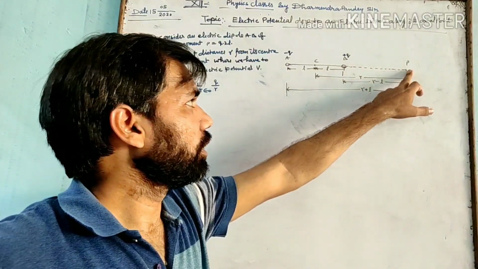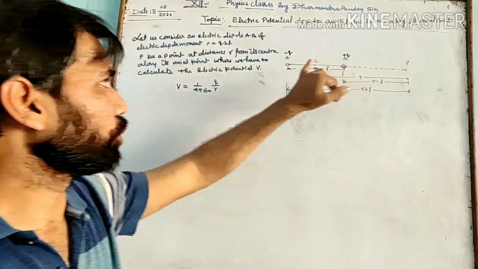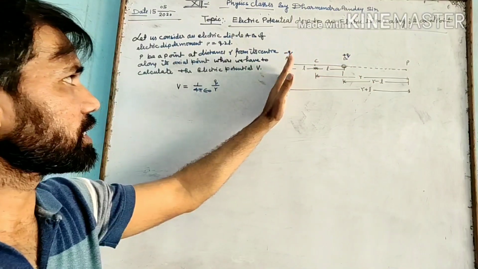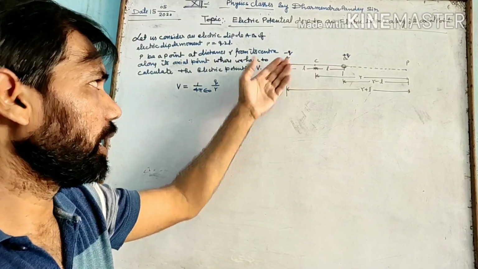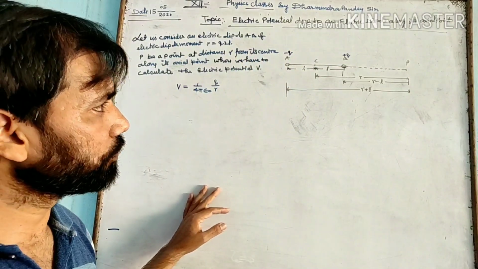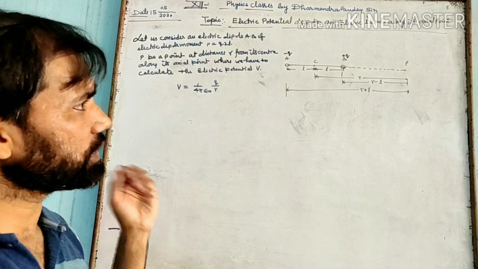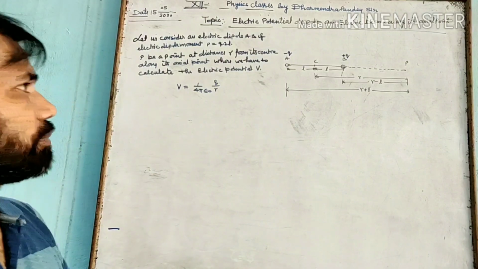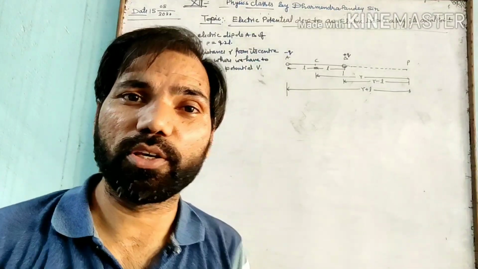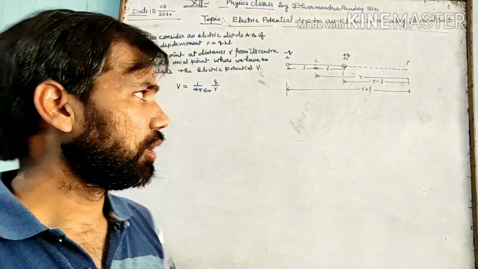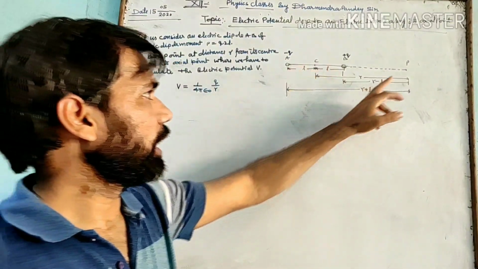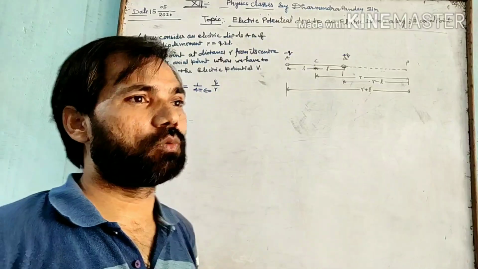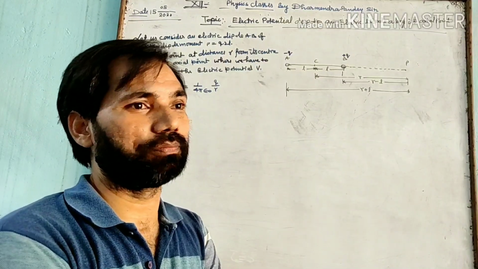Similarly, we calculate the electric potential due to minus q charge because we know the distance of P from minus q, and the charge is given as minus q. As you know, the potential because of a negative charge will be negative, and because of a positive charge it will always be positive. So in all, at point P we have to calculate the electric potential due to these two point charges which form an electric dipole.